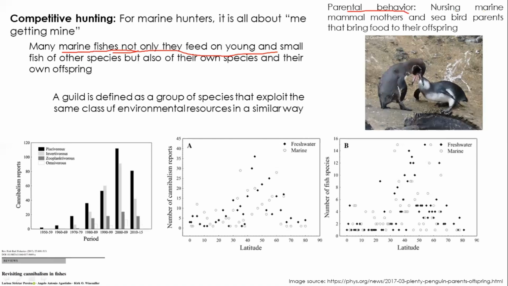So they do not only have the idea of killing others' young individuals, other species' young individuals, but they also kill their own species and their own offspring as well. So many of the fishes do show cannibalistic behavior.